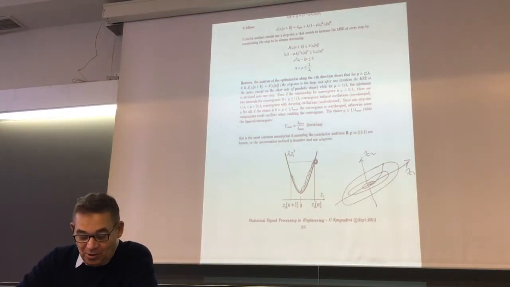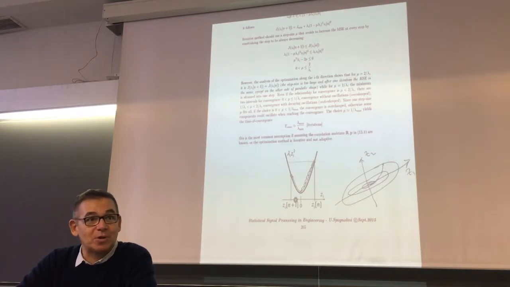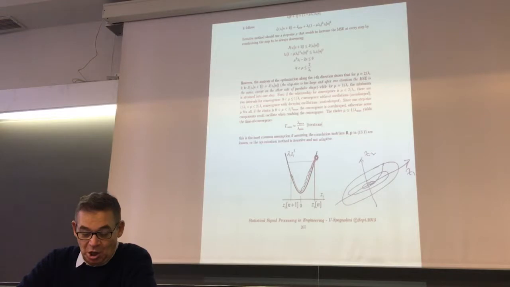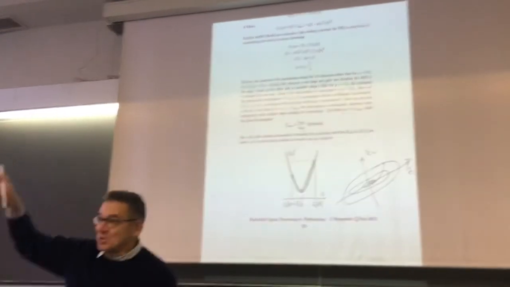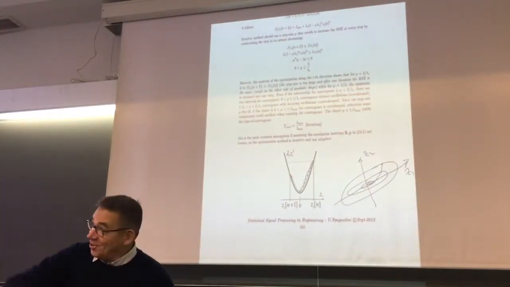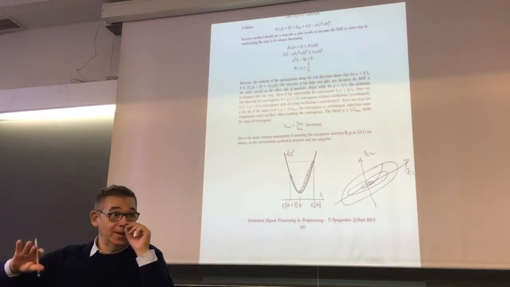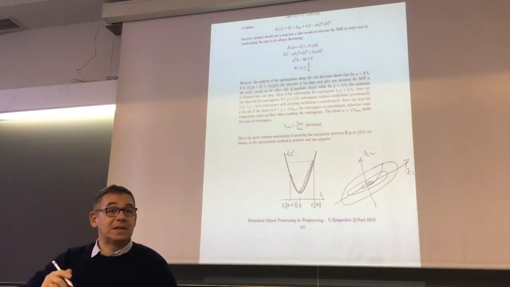Now, if you are here, you want to go to the bottom of the valley. If you really want to go to the bottom of the valley, you don't want to keep bouncing. You always go close and then go to the other side, go close and go to the other side, so you keep going up and down.